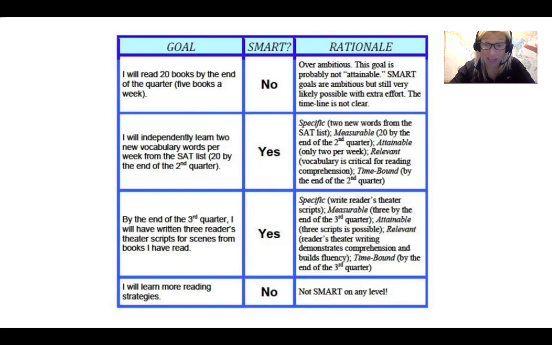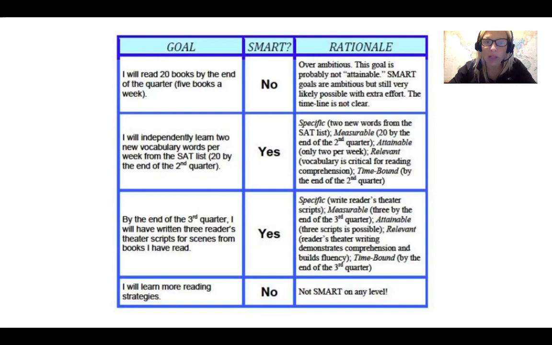It's not specific. It doesn't tell exactly what reading strategies. Maybe we'll be using visualizing and drawing conclusions in order to understand characters. It doesn't give us anything that we can measure. So learn more. We need a bit of a number component. Where did we start and where are we going? Is it attainable? Well, sure, if we know what it is, but we're not sure what it is yet. Is it relevant?